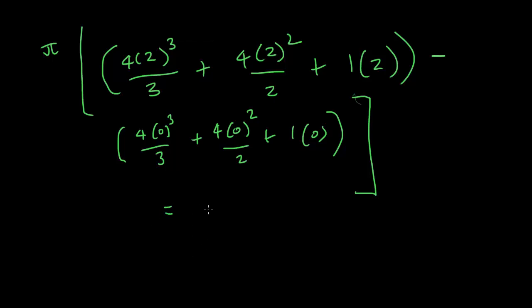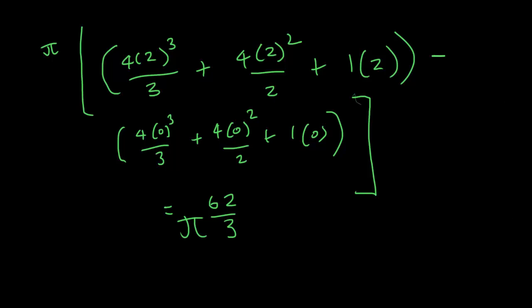So you end up getting something like 62 over 3. Now we aren't finished, because as I said, I only did this calculation, and you've also got pi multiplying, so you have pi times 62 over 3.